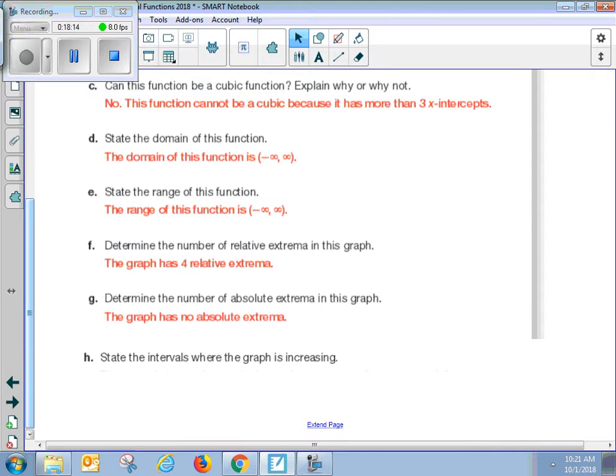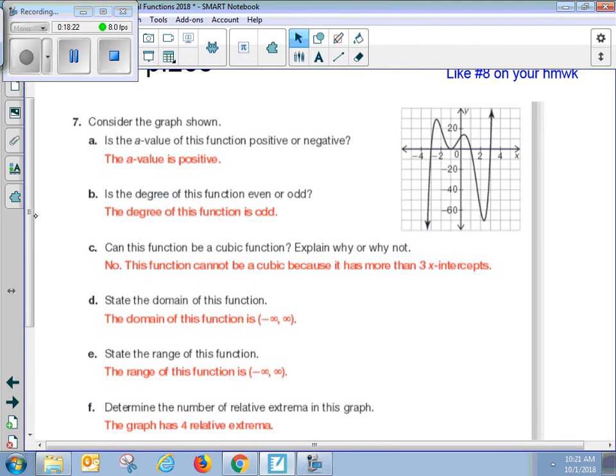State the intervals from something to something where the graph is increasing. Okay, so what I want you to do right quick on your graph is go over the picture where you think it is increasing.